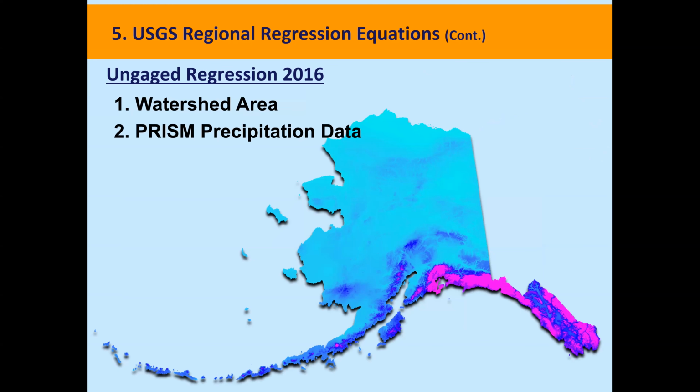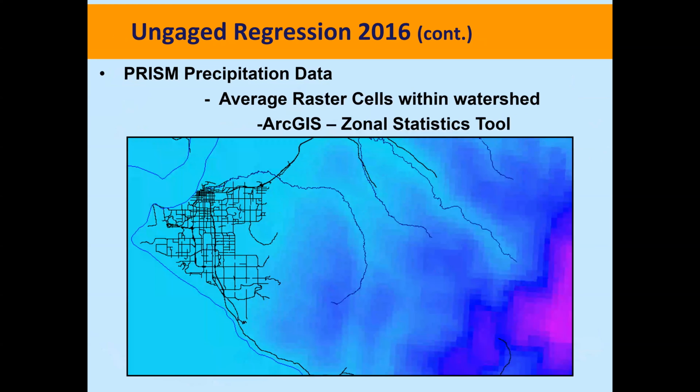And it comes as a raster data set, so a whole bunch of little cells for the whole state. And you can use GIS to get the average precipitation pulled out of those by averaging up all those cells for your watershed area.